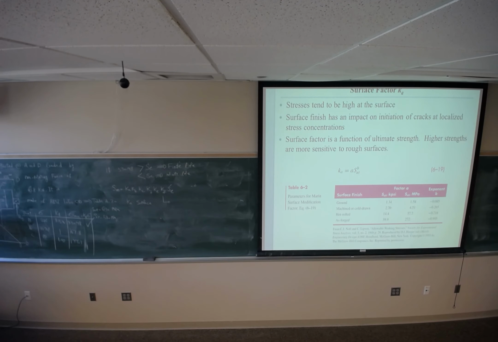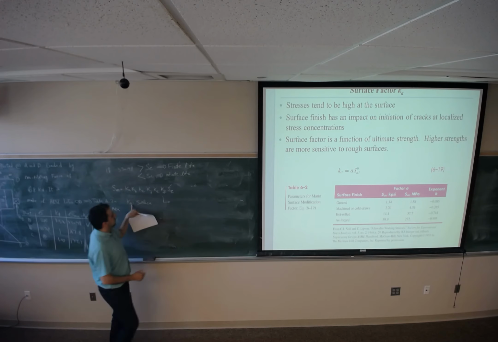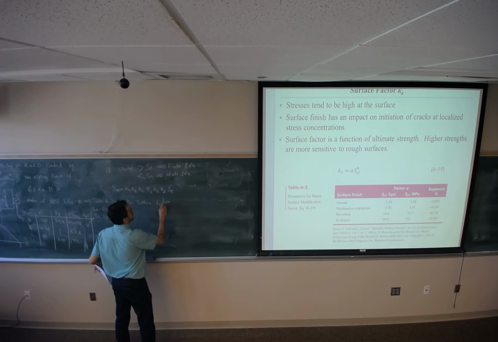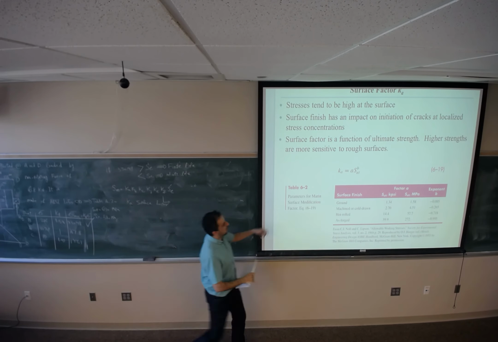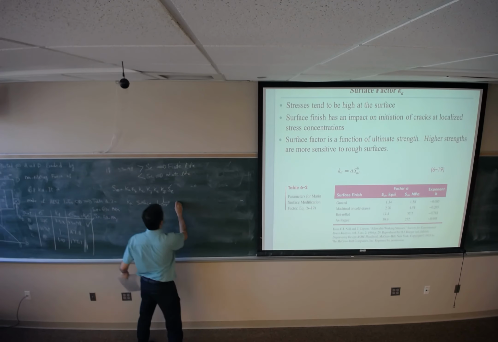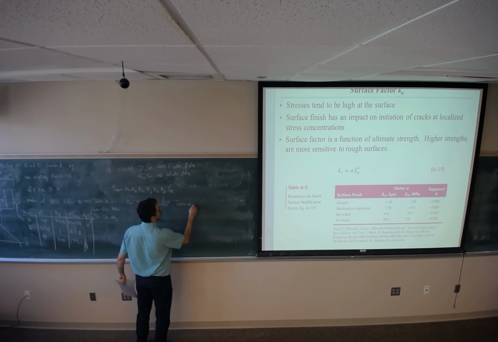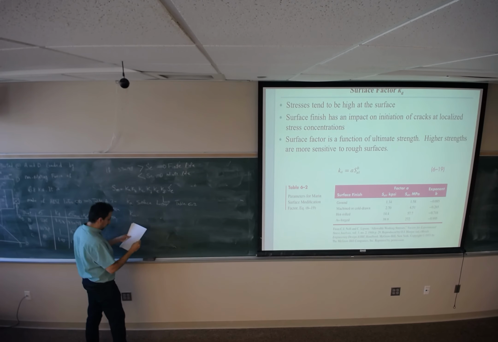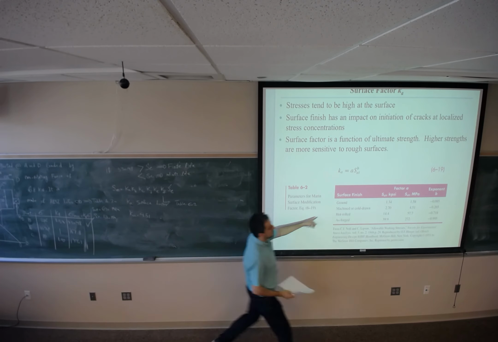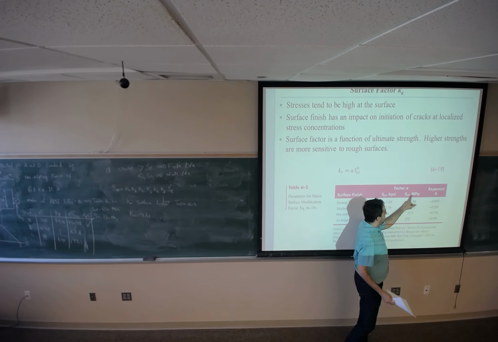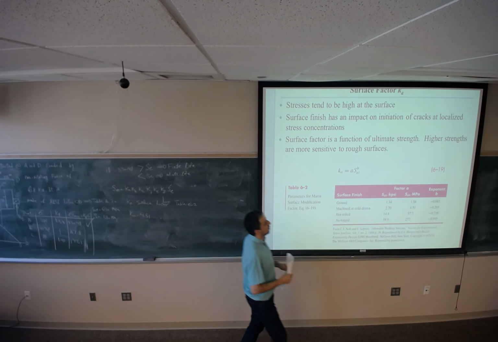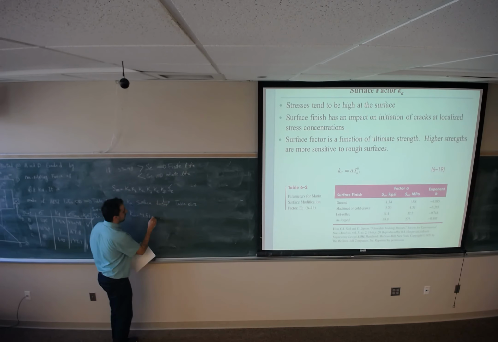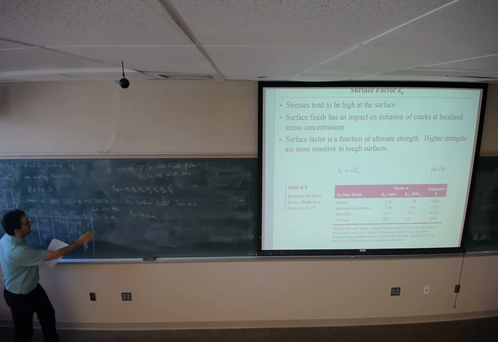This shaft has been machined, so if I want to find the surface finish factor, then I should look at table 6.2. KA would be a times S ultimate to the power b, for machined a is 4.51, with S ultimate in megapascal. 4.51 times S ultimate, which is 690.